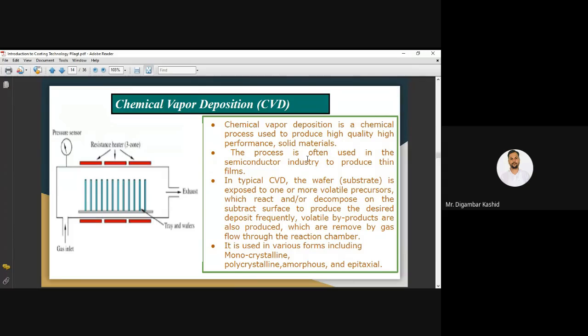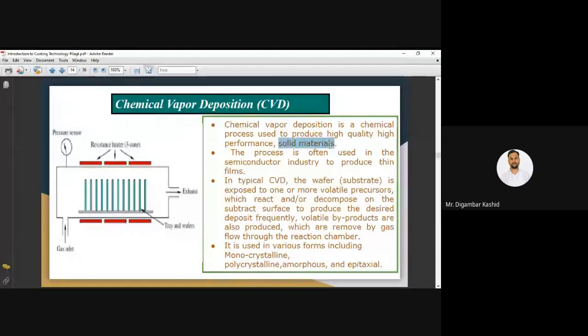Now here a chemical process is used, as you can see from the name, chemical vapor deposition. So this is a chemical process. Here the chemical process is used to produce a high quality, high performance solid material.